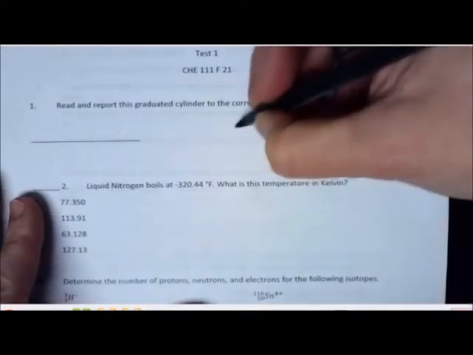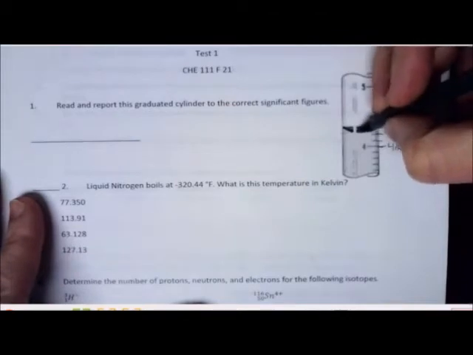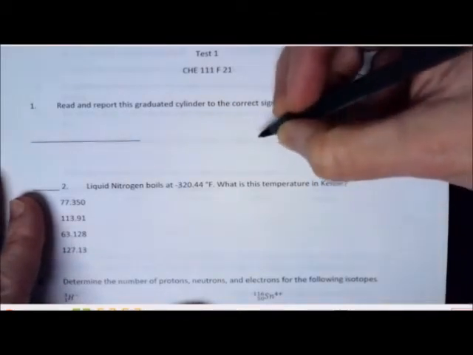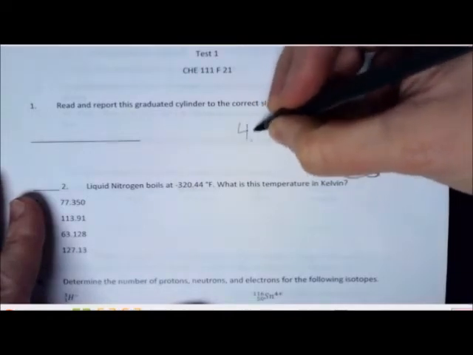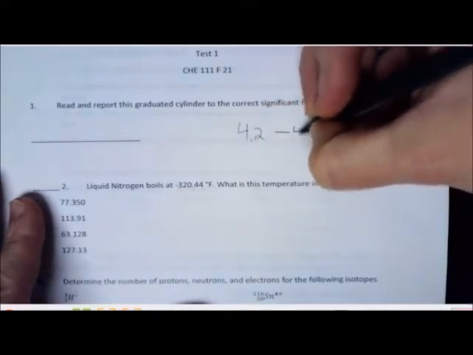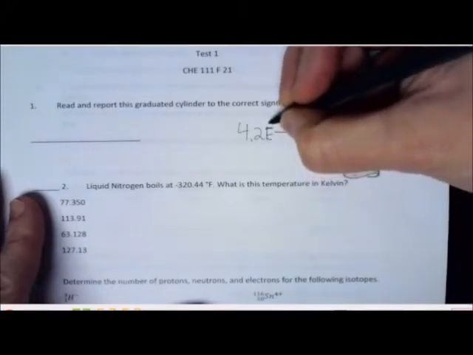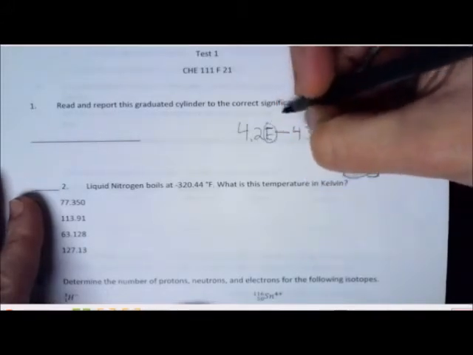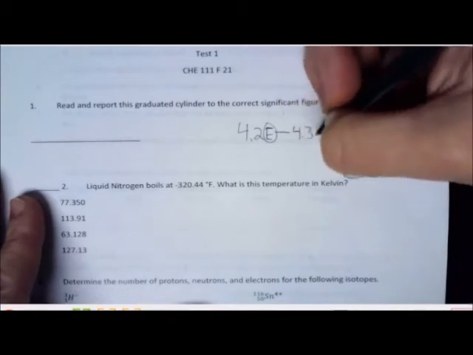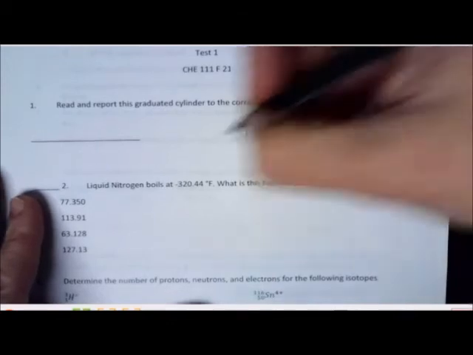You want to measure the bottom of the meniscus of the water. So it's between 4.2 and 4.3. The estimation place is this second decimal place, so we're going to estimate to the best of our ability. Maybe we'll say it's 4.23 mL.